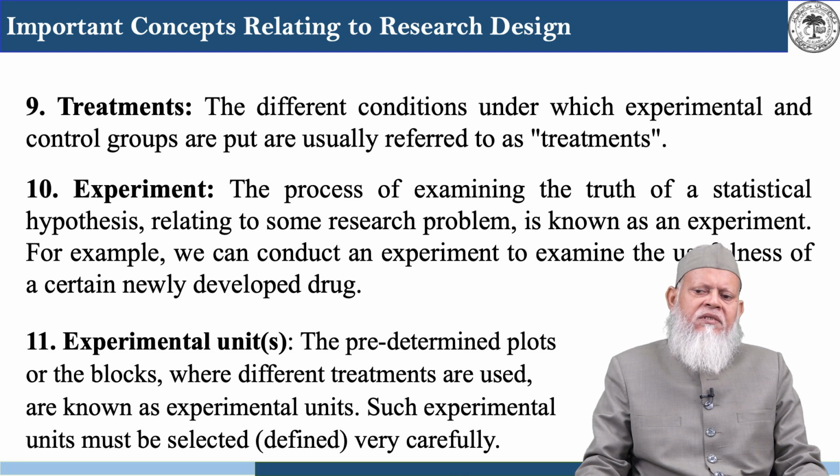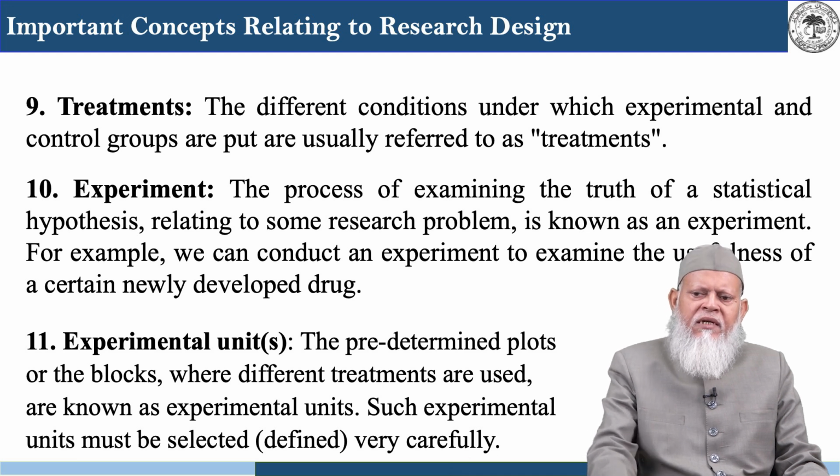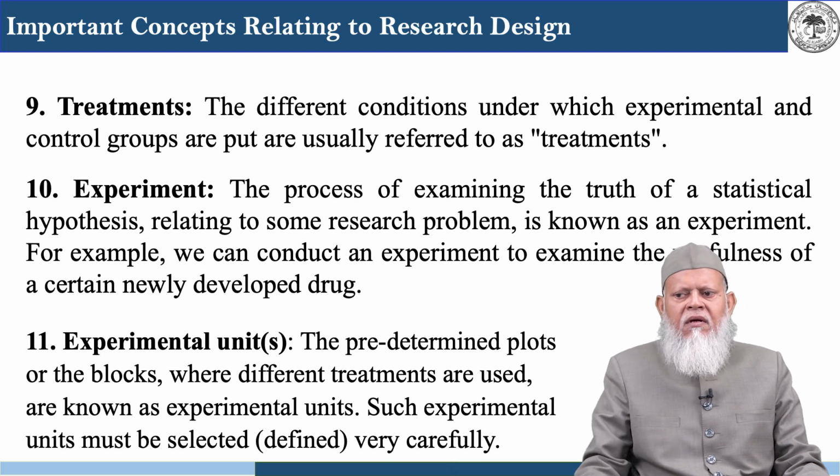Next is the experiment. The process of examination of the truth of a statistical hypothesis relating to such a problem is known as an experiment. For example, we conduct an experiment to examine the usefulness of a newly developed drug.